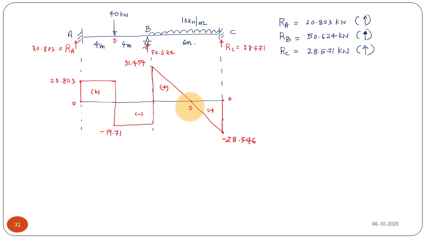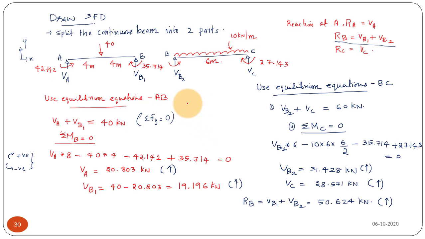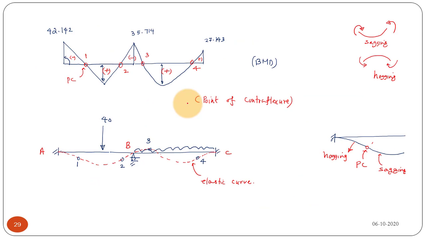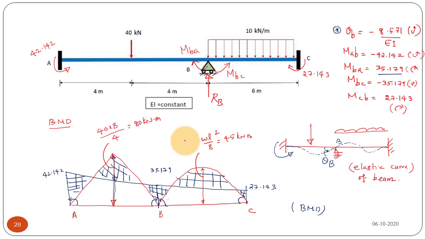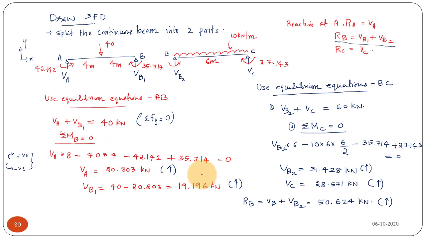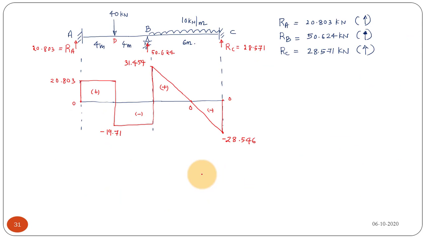So what is this point of zero shear force? If you see the moment diagram, somewhere you are going to get a maximum moment. Suppose you want to locate where the maximum moment is coming in the beam, you have to locate the point where the shear force is equal to 0, because we have a relation between shear force and moment.